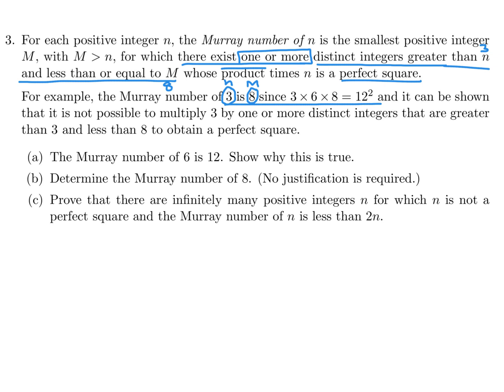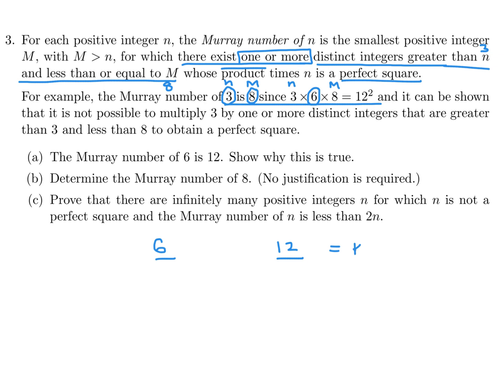So in this case, what they did was they found one distinct integer greater than n and less than m, in this case 6, that when you multiplied n and m, you got a perfect square, and in this case that perfect square is 12 squared. So let's see. So they're saying, what's the Murray number of 6? Well, they're actually telling you it's 12.